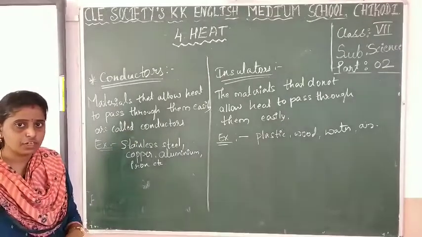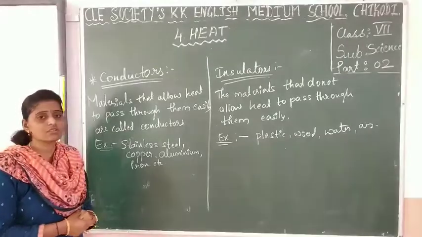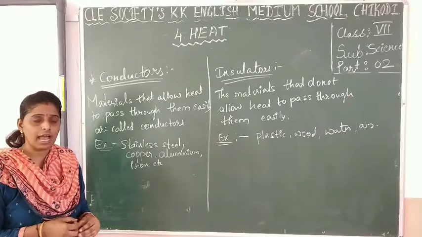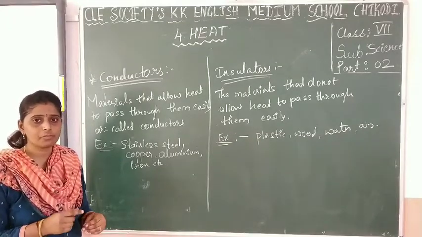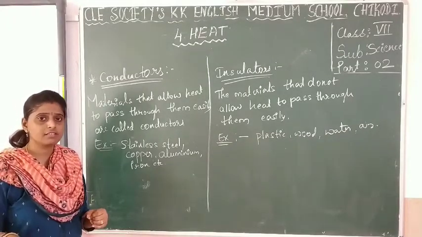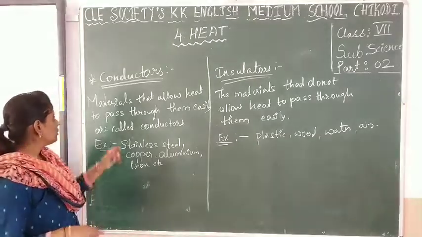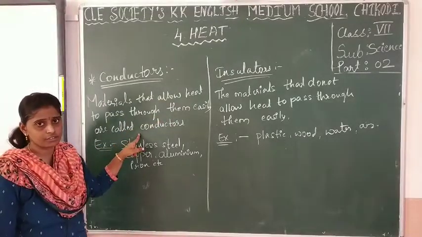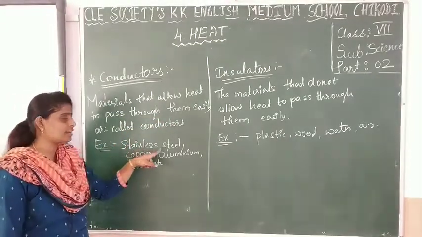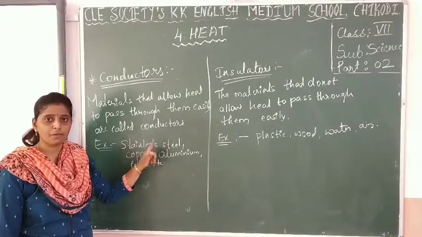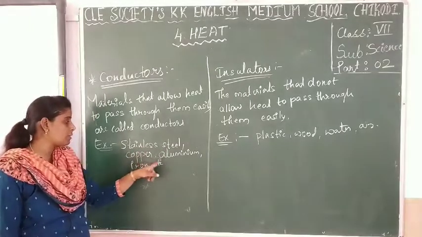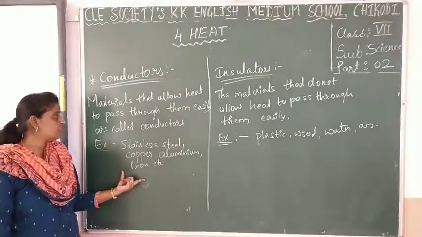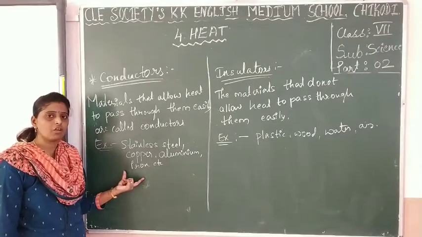Whichever material allows heat to pass through it. The vessel absorbed the heat, and the pan also absorbs the heat, but the handle is an insulator. Examples of conductors are stainless steel, of which vessels are made, copper, aluminium and iron. These all allow heat to pass through them easily.